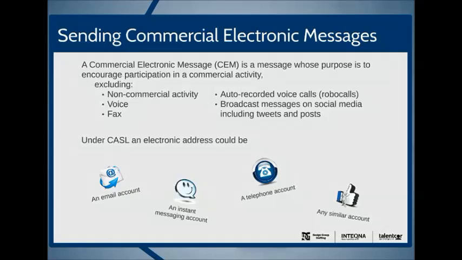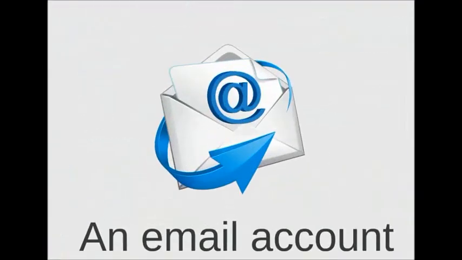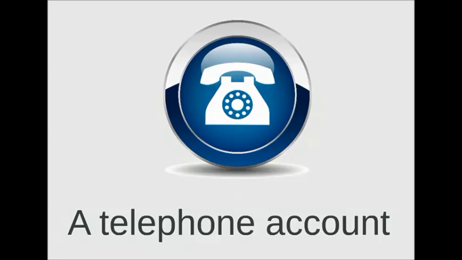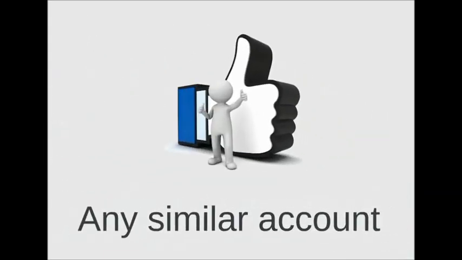By definition, it therefore excludes non-commercial activity, voice, fax, auto-recorded voice calls or robocalls, and broadcast messages on social media such as tweets and posts. Under CASL, an electronic address could be any of the following: an email account, an instant messaging account, a telephone account, and that is for the purposes of texting, as well as any similar social media account.